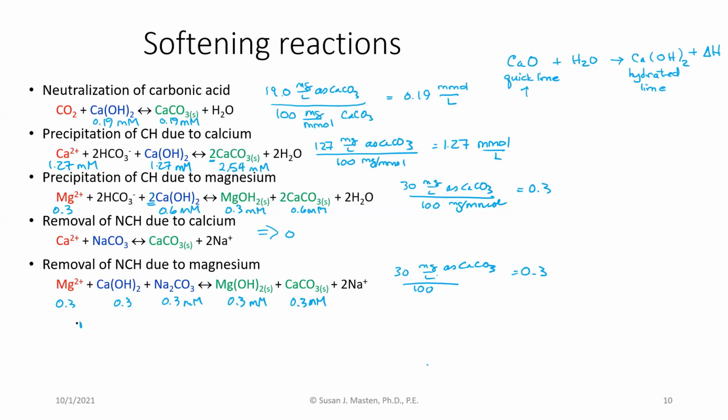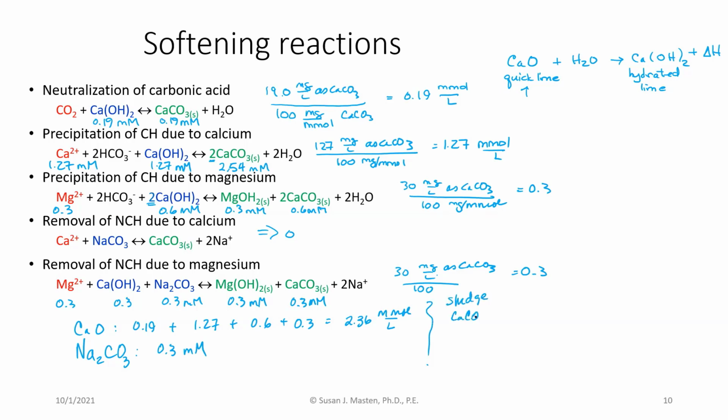So in terms of the amount of calcium oxide that we need, now we just add up. We have 0.19 plus 1.27 plus 0.6 plus 0.3, and that is equal to 2.36 millimoles per liter. For soda ash, we only need 0.3. We can do the same thing for the sludge.